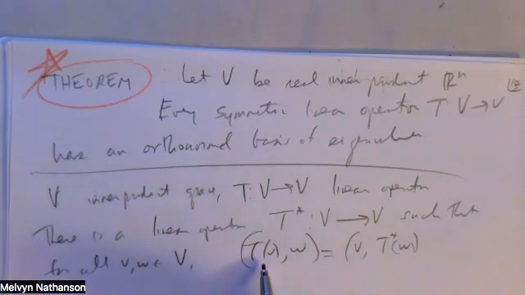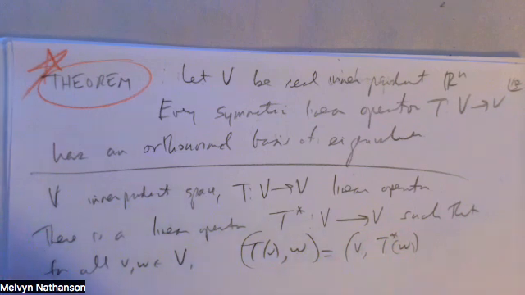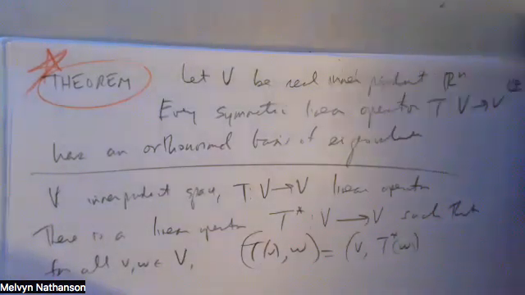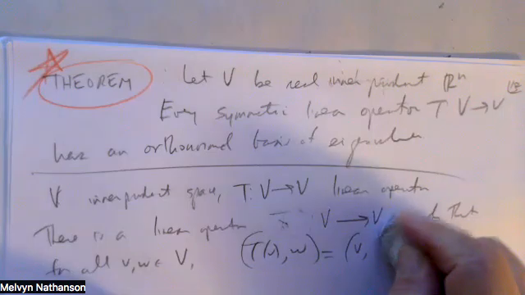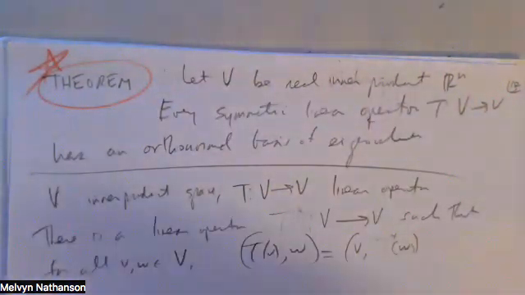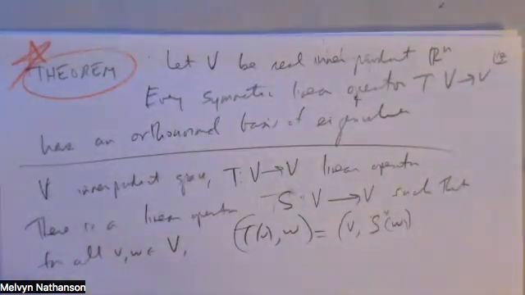So if I have the inner product of T of v and w, I can move the T over, but it becomes a different operator, T star. Actually, let me just call this S, so I don't have too many T's floating. And I want to describe S.